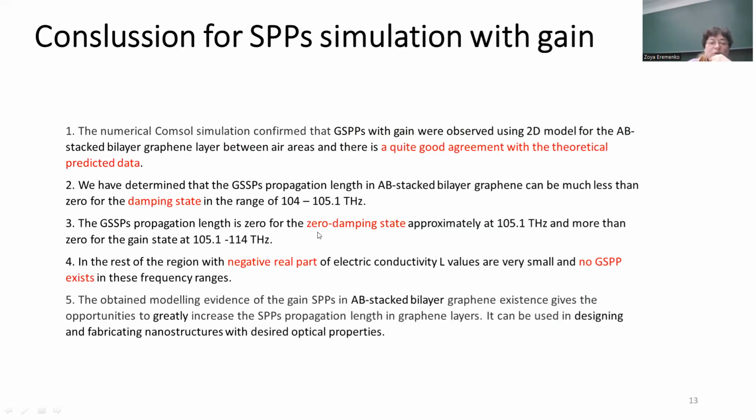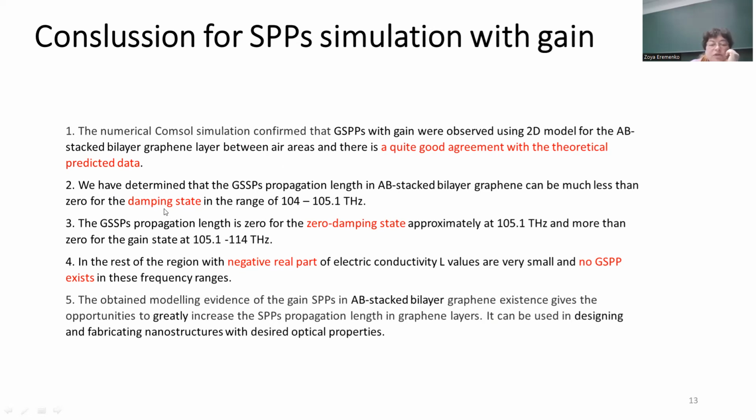There is some conclusion for this part of the presentation. We obtained, during the study of the 2D model for AB stacked bilayer graphene, a good agreement with the theoretical data.